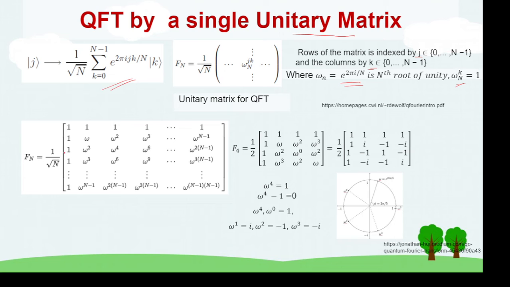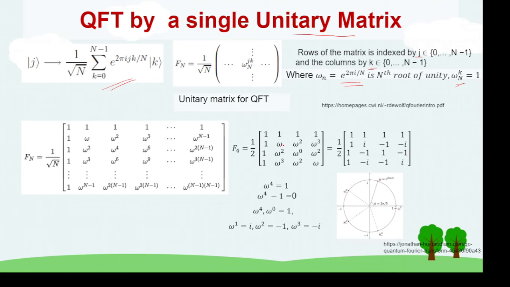This is how we need to generate the matrix, but we need numbers, correct? So how do we get the numbers in order to do the transformation? For that, let's take a very simple problem. We assume that our problem size is 4, that is n equals 4, and we'll express it in terms of omega. We'll try to fill the elements of this unitary matrix. First row and first column are all ones.